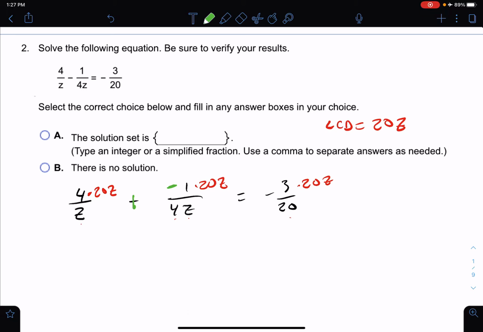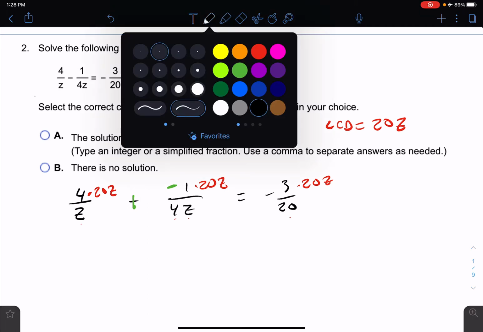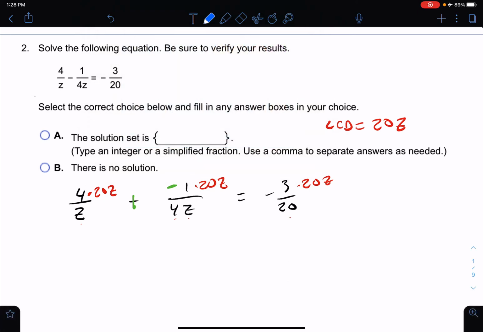Okay, let's go ahead and do some reducing here. Let me use another color now since I just blew through the green. Let's use blue. You can see that the factor of z's will reduce, leaving us with 4 times 20, which is 80. You can see that there's a common factor of 4. 4 goes into 4 once, 4 goes into 20 5 times. z goes into z once.